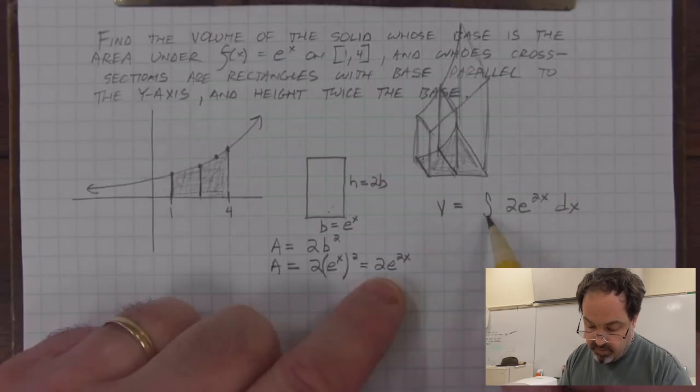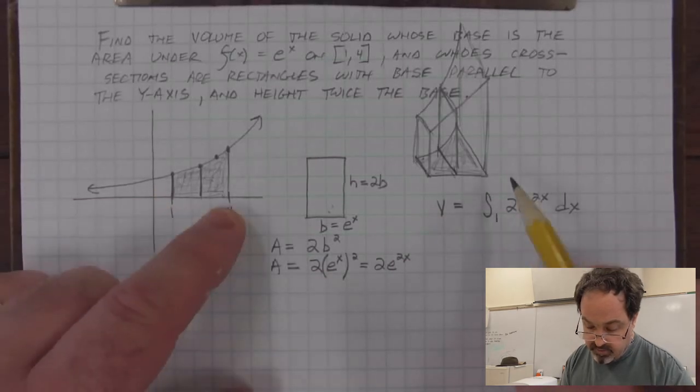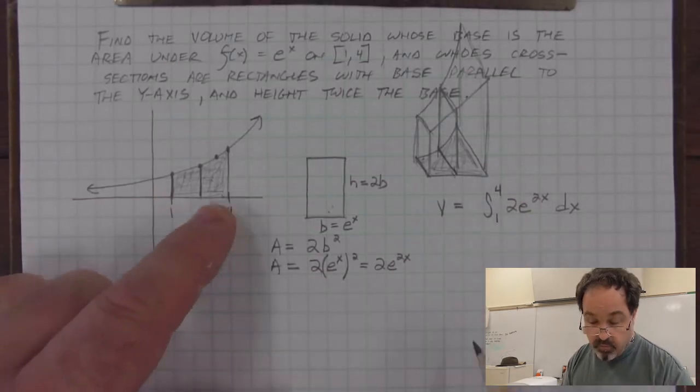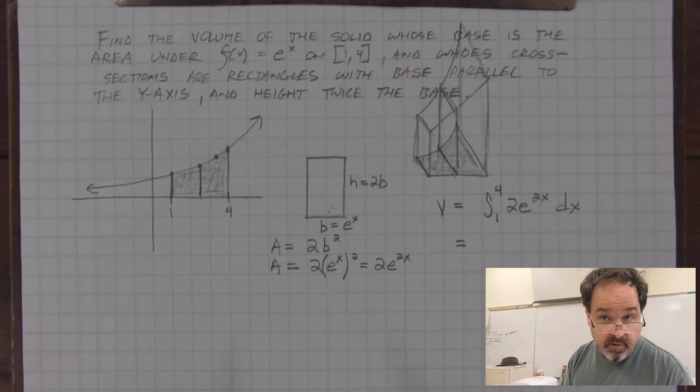The first rectangle that gets created is at an x value of 1, and the last rectangle that gets created has an x value of 4, so we have the bounds of integration. After this, it's a process of evaluating a definite integral.